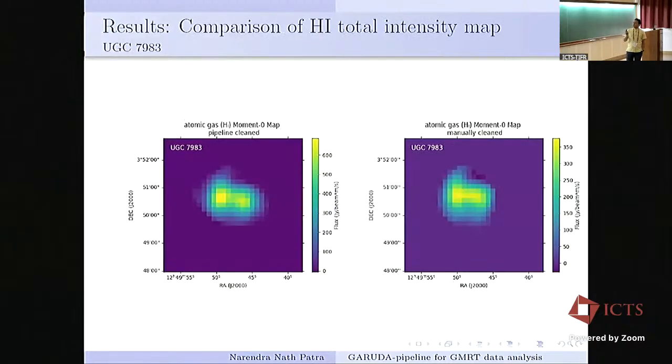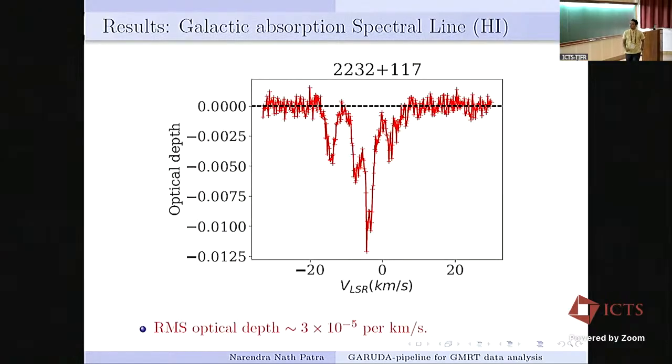So far so good. These are the HI moment zero maps, manually analyzed and pipeline analyzed, which look pretty good and similar. In fact, the pipeline recovers a little bit more flux than what we got manually.